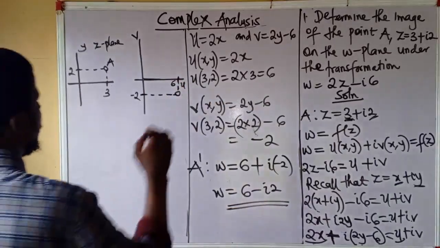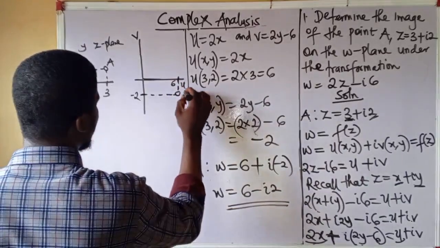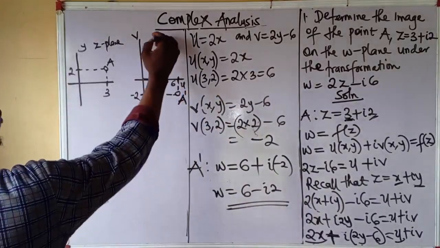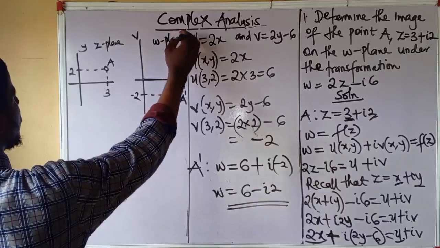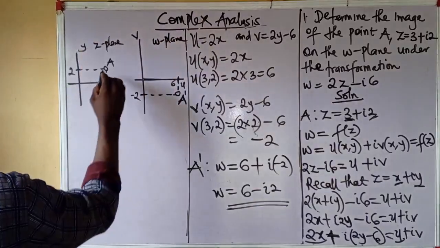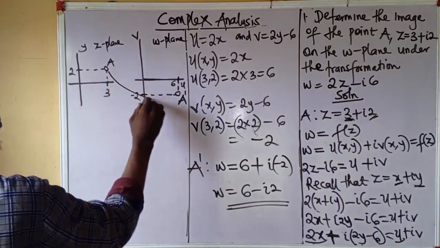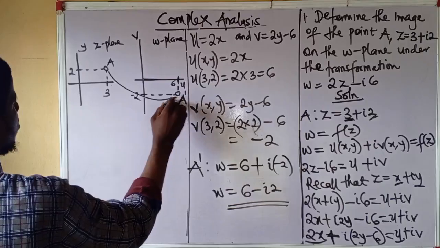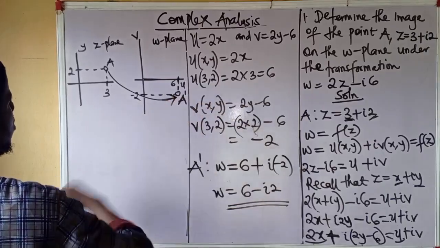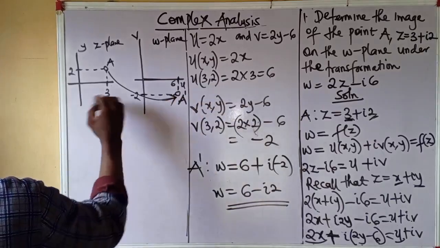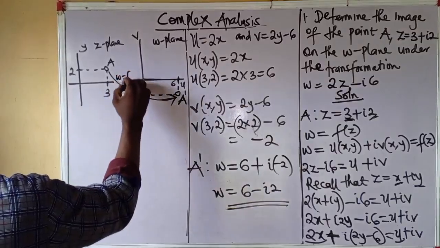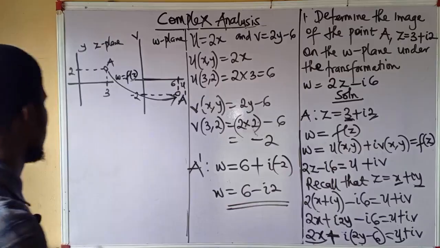All right, this is A prime. So this is the W plane, and this shows the mapping of A onto A prime under the transformation W equal to F of Z. This is it.